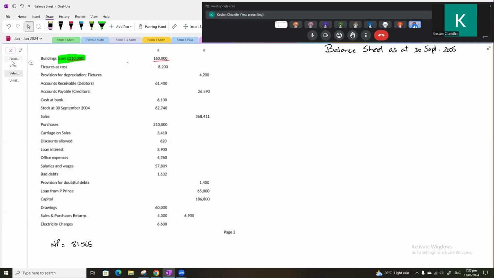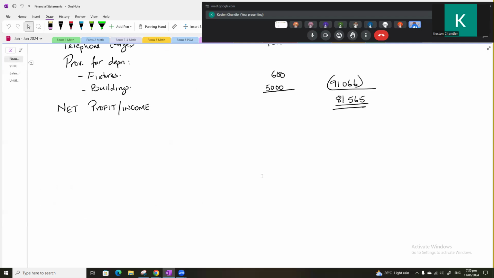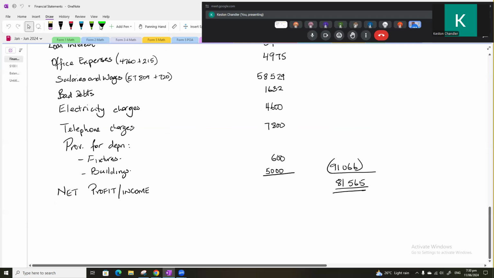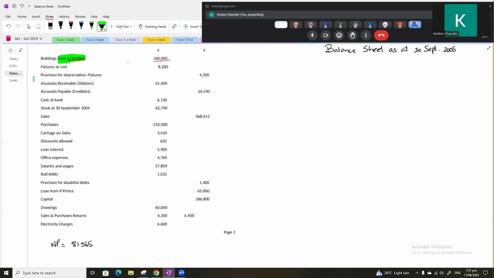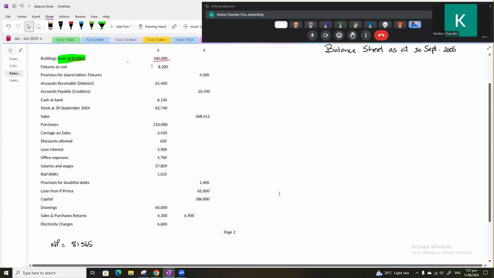I think the buildings we said was 5,000. See it? So when we're doing depreciation, we need to incorporate what we would have charged in our profit and loss account, along with the total depreciation that has accumulated so far in the life of the asset. So let's make a note of that one time.